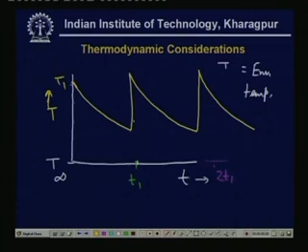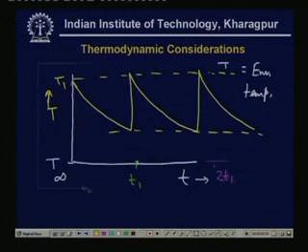So, it is possible to have a steady state. Now, once the steady state is reached, then of course, we can have further analysis, then we can use another familiar law of heat conduction or heat transfer. Again this law is due to Newton.